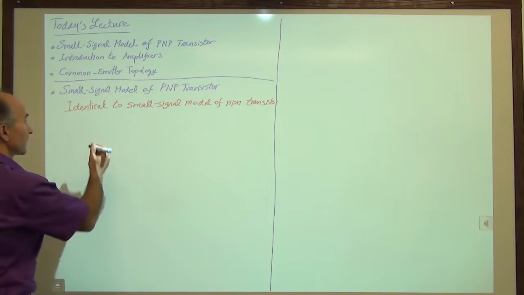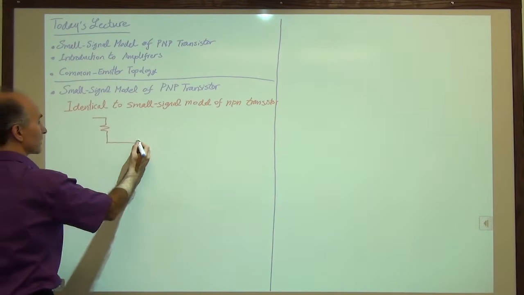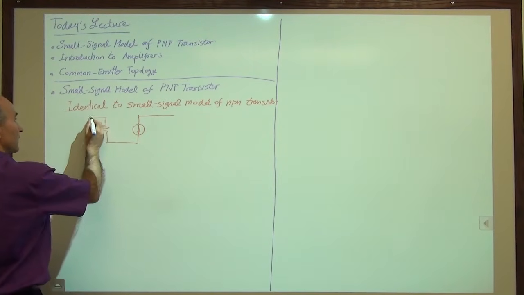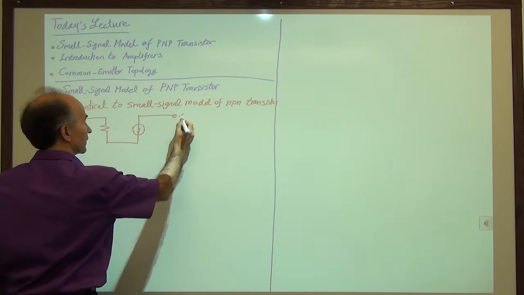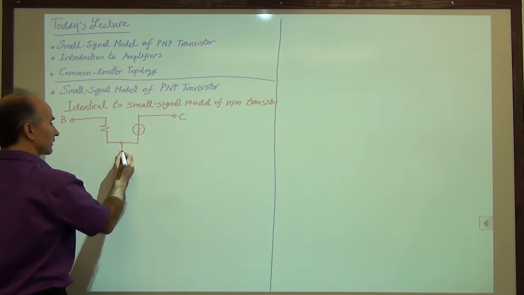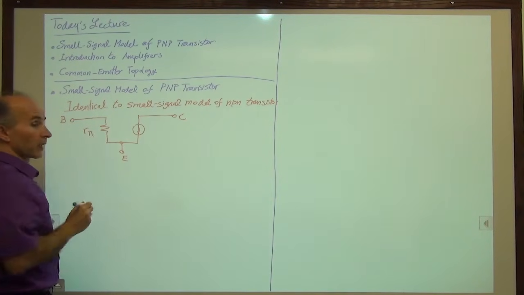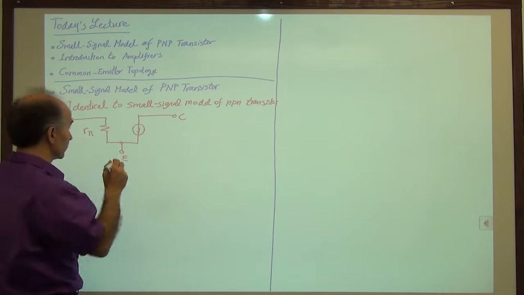So let's draw that. For a PNP device, we have the same exact small signal model as for the NPN device. If this is the base terminal, this is the collector terminal, and this is the emitter terminal, we still have R pi here, and we still have V pi. V pi denotes the change in the base emitter voltage.